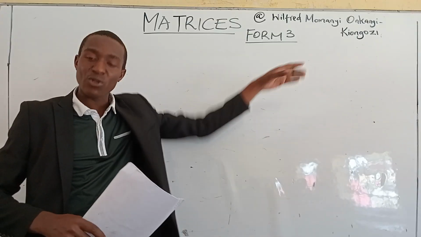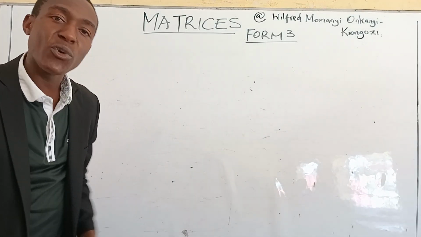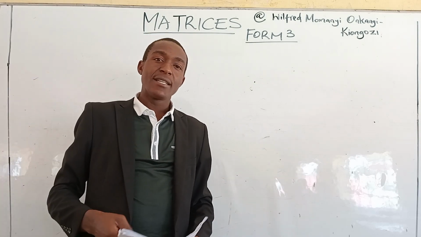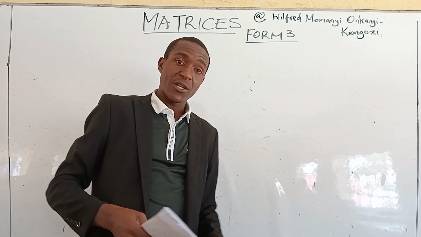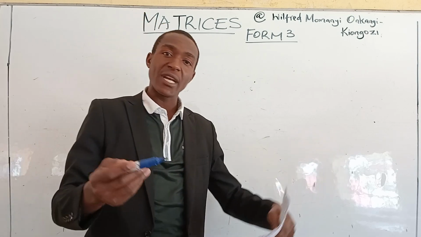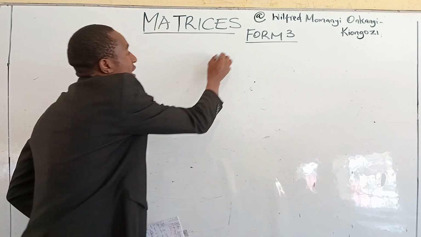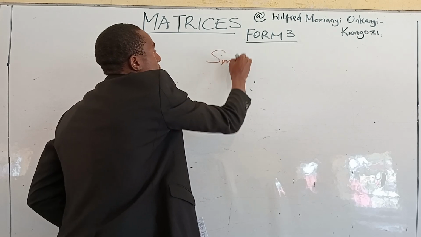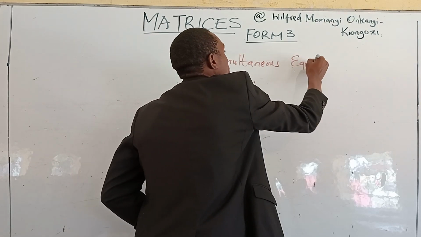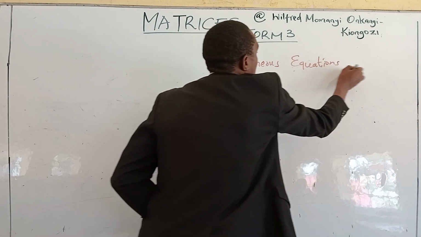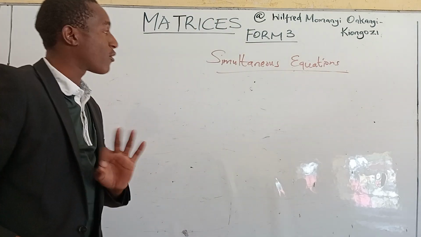The climax of this chapter is when you are able to use matrices to solve simultaneous equations. Remember, you have done some formulas used in solving simultaneous equations. You did 3 methods in Form 1.